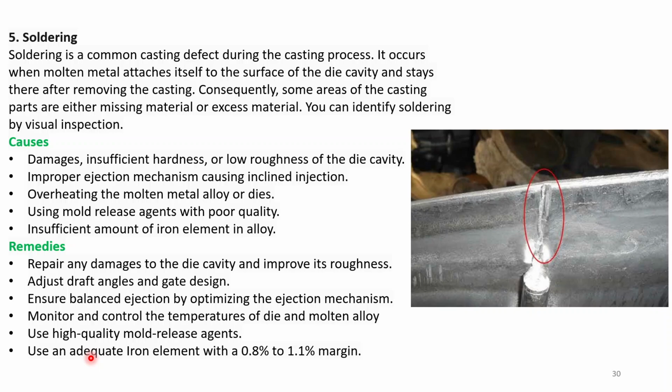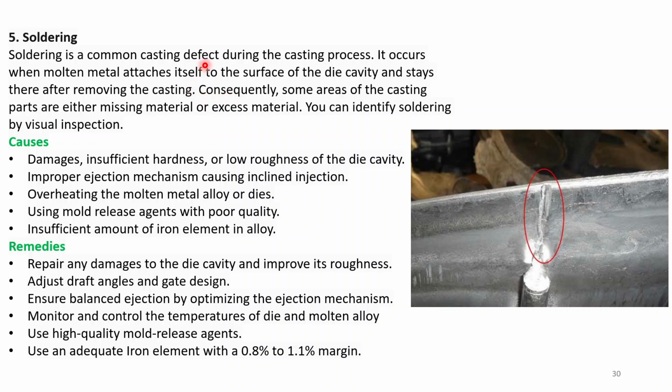Next is soldering. So it is a common casting defect during the casting process, and it occurs when molten metal attaches itself to the surface of the die cavity and stays there after removing the casting.